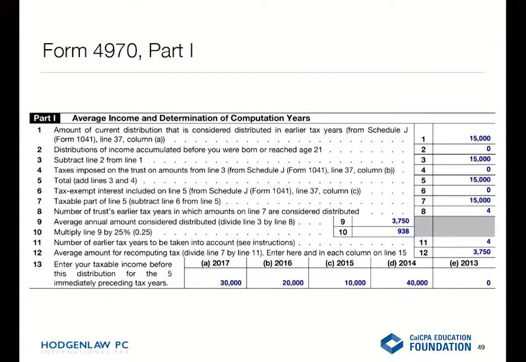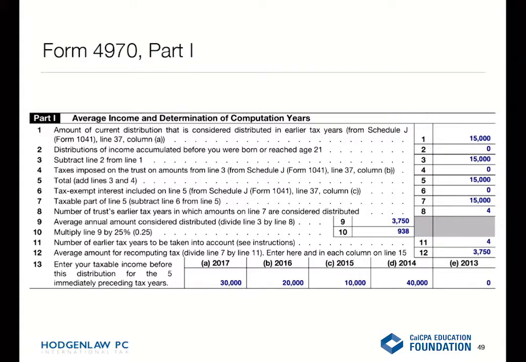the amount reported by you or as changed by the IRS, including in the taxable income amounts considered distributed in that year as a result of prior accumulation distributions, whether from the same or another trust, and whether made in an earlier year or the current year. So what they want you to put is your taxable income.